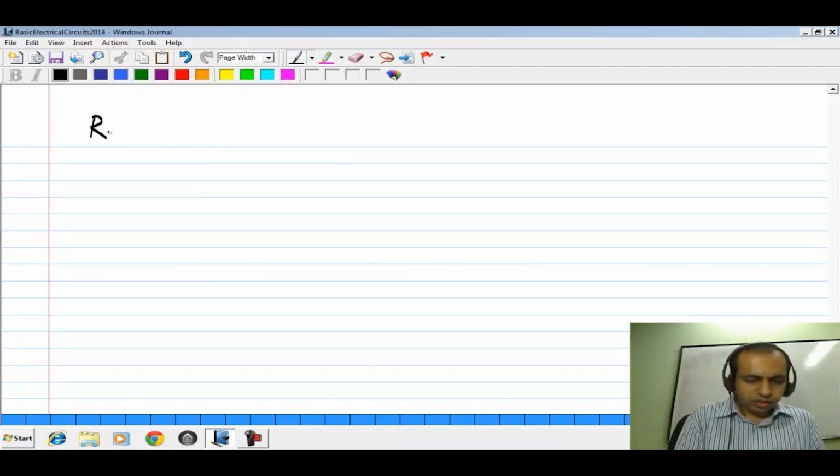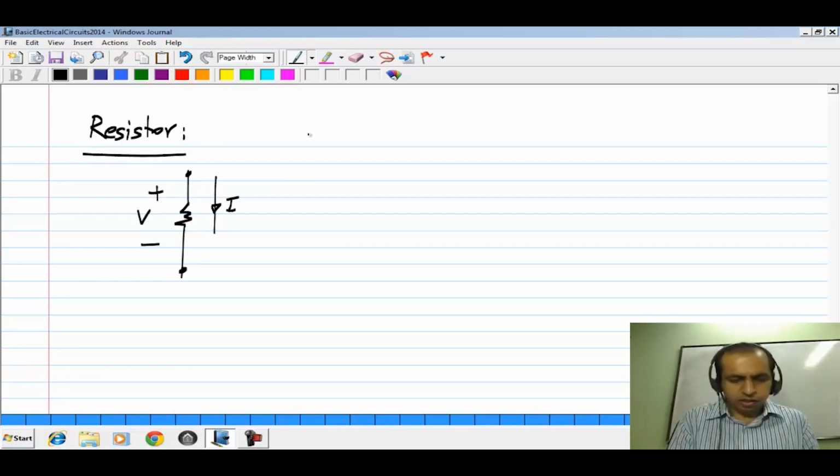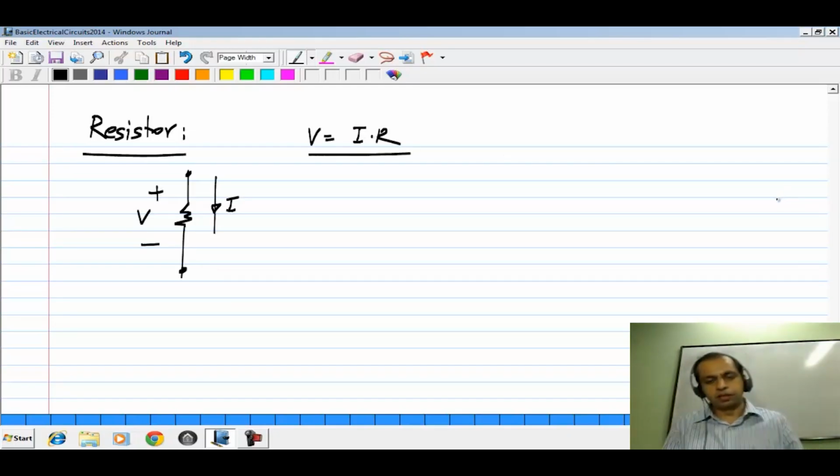So let's take a resistor. The voltage V and a current I are related by a proportionality relationship. This immediately tells you it is linear for those of you who are familiar with linearity, but we will go through it in any case. So what it means is, let's say when the current was I1, the voltage was V1.